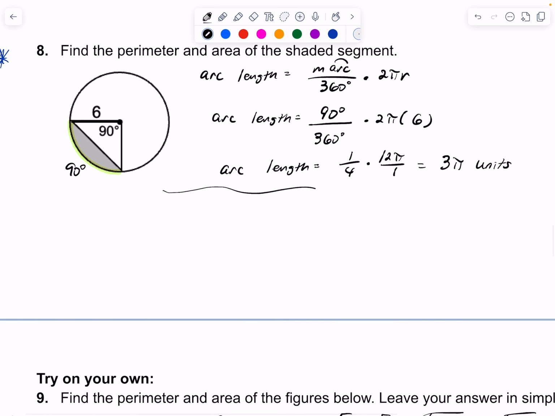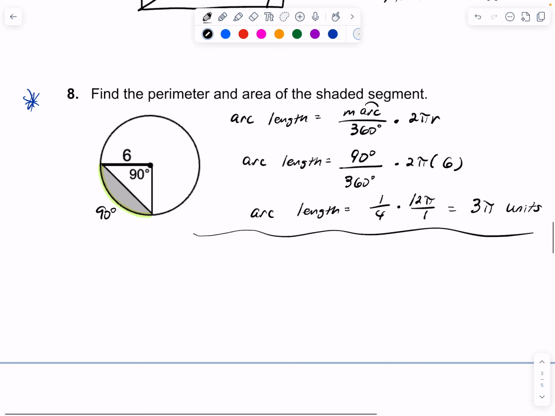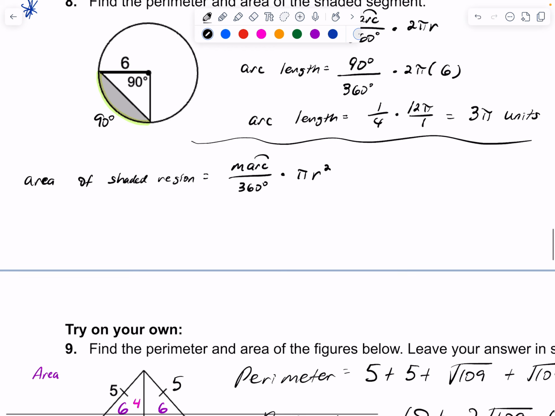And now to find the area of this shaded segment, like we did in a couple videos ago. The area of the shaded region is very similar to this. We have the measure of that arc out of 360, but now we're multiplying it by the area of the circle, so using pi r squared.